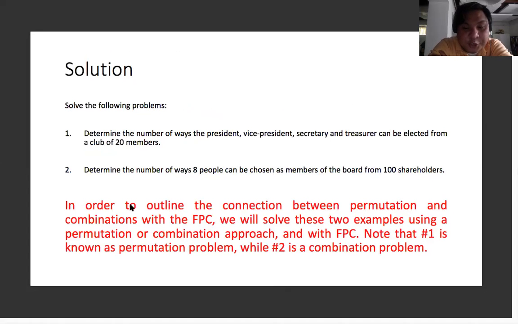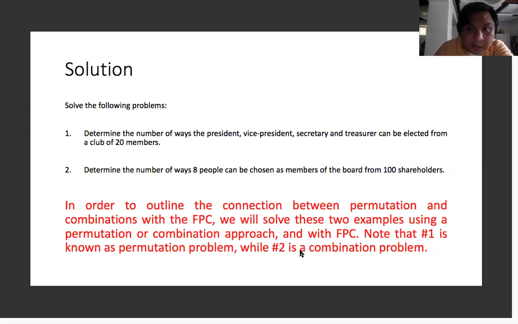All right, so as I mentioned, the fundamental principle of counting is like the parent technique. So regardless of whether you forgot how to use permutations or combinations, you can still solve the problem using plain fundamental principle of counting. Right, so number 1 is of course a permutation problem, while number 2 is a combination problem.